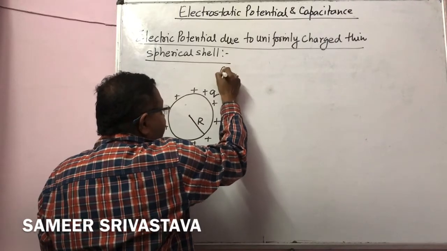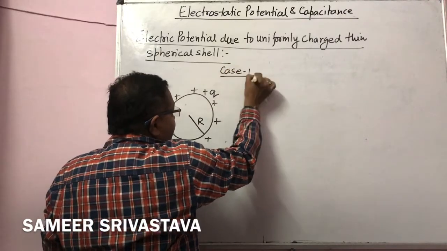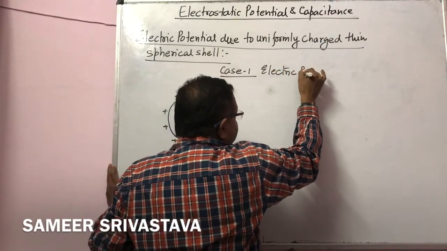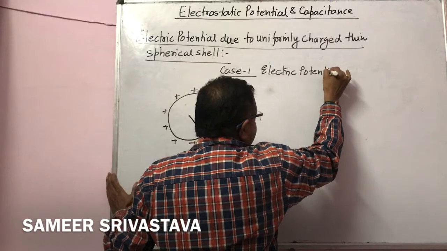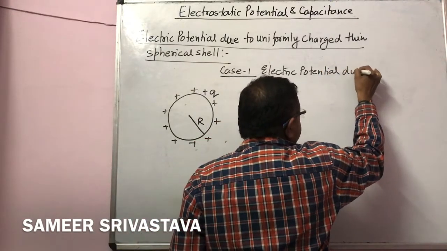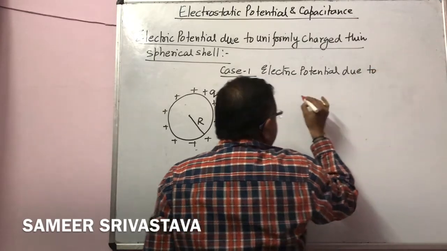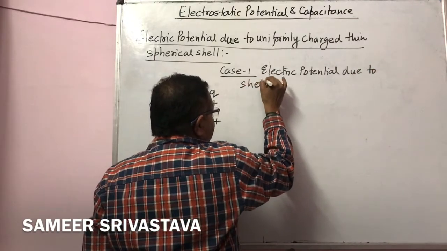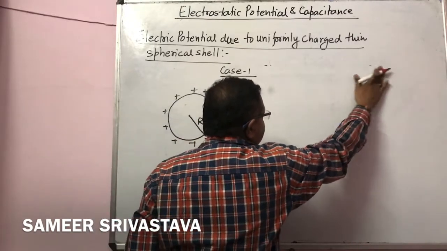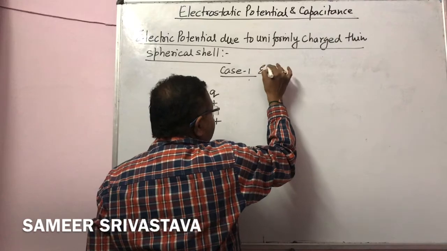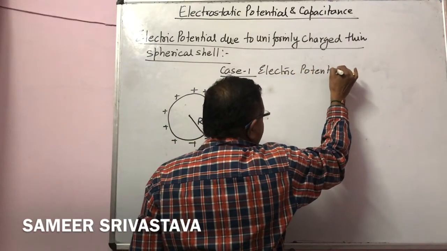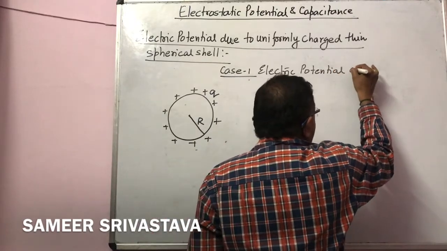Case 1, electric potential due to shell, point outside, or we can write electric potential at outside.